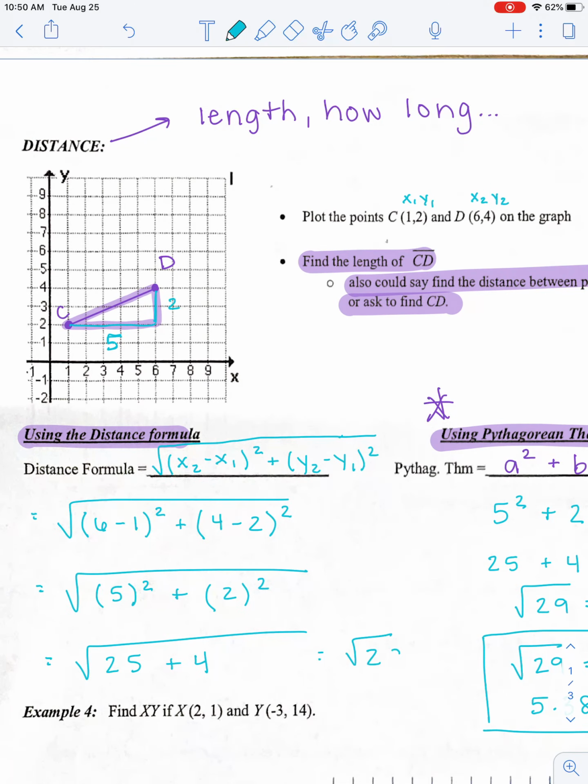So my final answer is the square root of 29 again. I don't care which one you utilize. As a heads up, I probably will not be giving you these formulas, like the distance formula, on a test. So if you can memorize it, awesome. If not, you can always use the Pythagorean theorem.